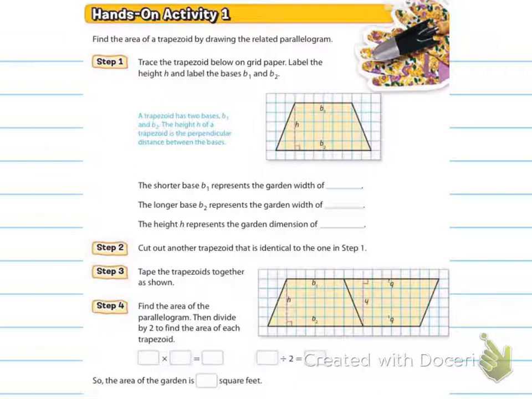All right, so a trapezoid has two bases, B1 and B2, and then the height H of a trapezoid is the perpendicular distance between the bases. Because there's a lot of different shapes for a trapezoid, but we're talking about the height being the distance from one base to the other, and it's perpendicular, which is the same as what we've been working with in triangles and parallelograms.